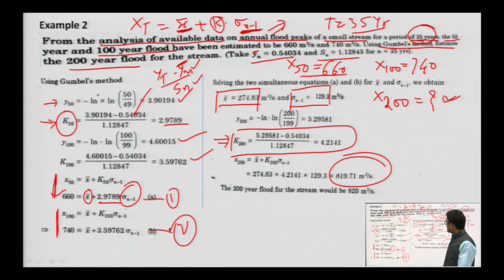This is the value of flood discharge at return time 200. At any return time, 200, 300, 500, even 1000, we can calculate using Gumbel's method.